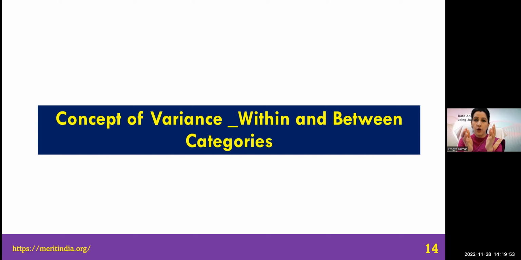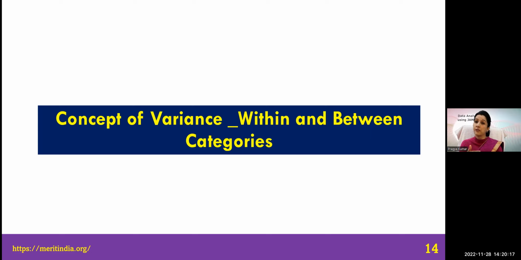So you have got a group of normal BMI people, a group of, let's say, overweight, and a group of obese. So there will be difference, or the variance, within a group, and then there will be difference between the groups. So we talk of two types of variances: within group variances and between group variances.